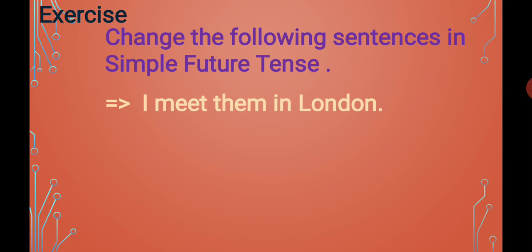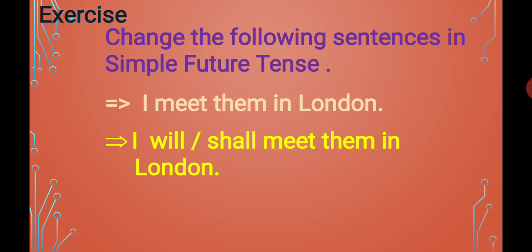Subject, then will or shall, then verb, and then the object. The subject here is I. So: I will or shall meet them in London. Here we use both will and shall with I. This way we will make all the sentences in simple future tense.